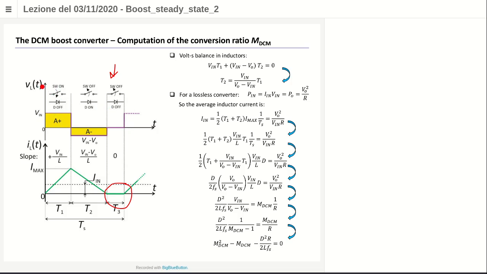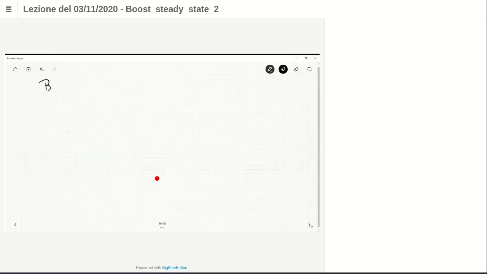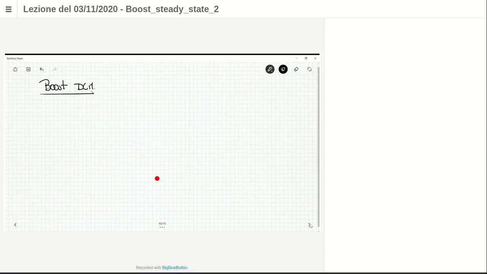If you want to look at voltage VL, let me share the whiteboard to analyze the boost in DCM.